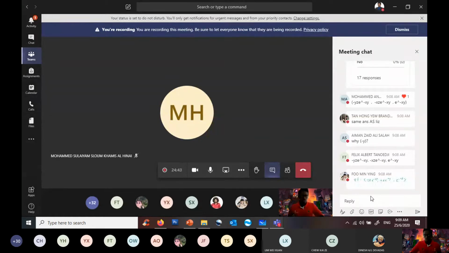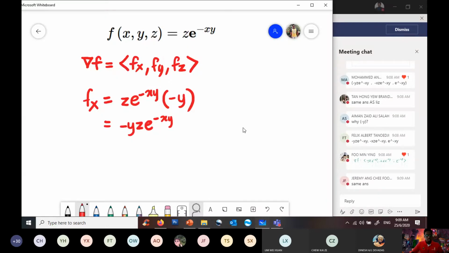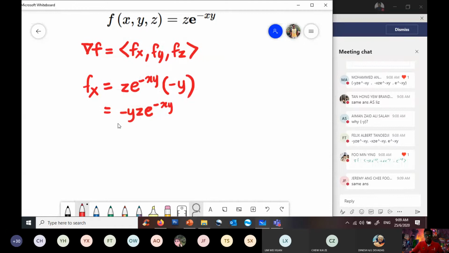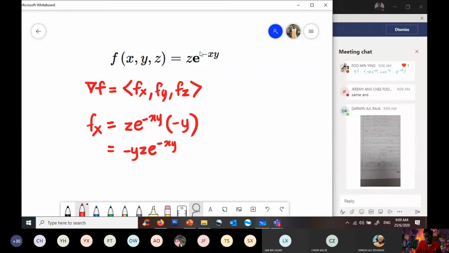Yes, okay. So Aiman is asking me why negative y? Which part, Aiman, do you mean why negative y? Okay, let me just show it anyways in the whiteboard. Oh, do you mean for my fx, why do I get negative y? Or here, why I multiply negative y? It's because, oh, there you go, done with the whole solution, is it?